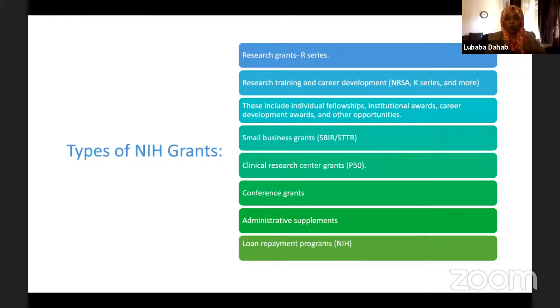The most known of those are the K series, and these include individual fellowships, institutional awards, and career development awards, etc. There is another type, small business grants. There are clinical research center grants. There are conference grants, administrative supplements, and actually loan repayment programs through the NIH.